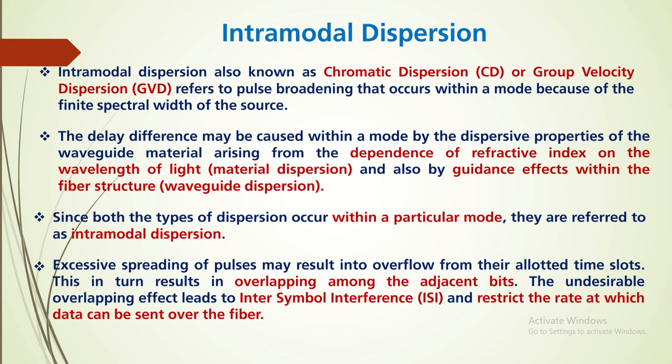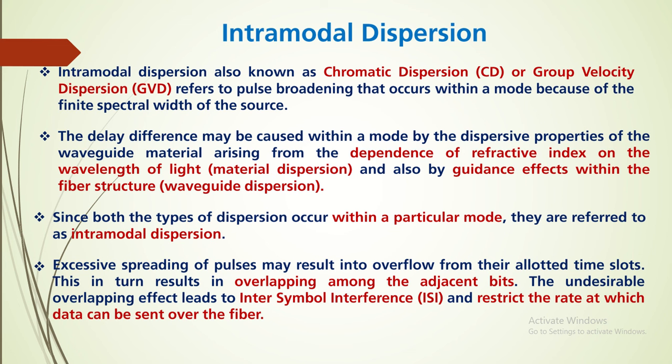The delay difference may be caused within a mode by dispersive properties of the waveguide material arising from the dependence of refractive index on the wavelength of the light, and also by guidance effects within the fiber structure. So intramodal dispersion, commonly we can name it as chromatic dispersion or group velocity dispersion. This mainly occurs due to the time delay between the modes.